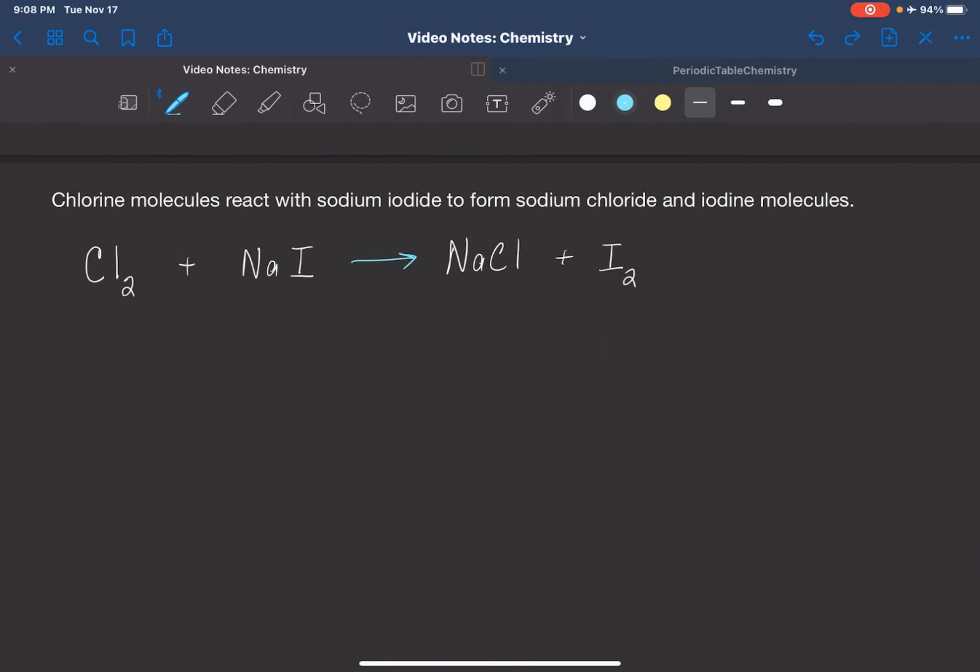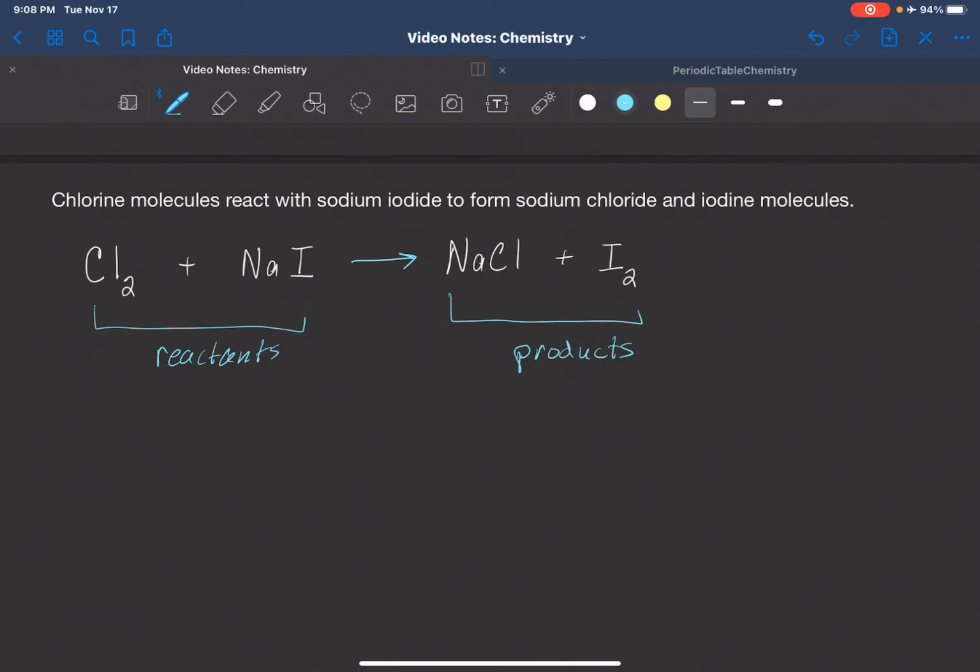So now, looking at this, you can see that there are two chlorines over here. And remember, these are the reactants, and the arrow always points to the products. We can see here that there are two chlorines on the reactant side and one chlorine on the product side.